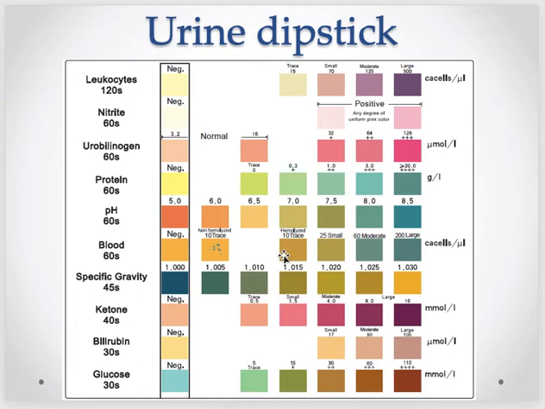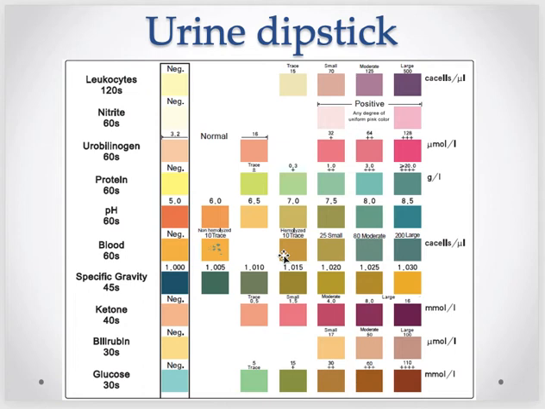Normally, our urinary tract doesn't have these esterases. So whenever there is bacteria and leukocyte esterase is present, it indicates there is bacteria in the urine, which means there is a UTI.